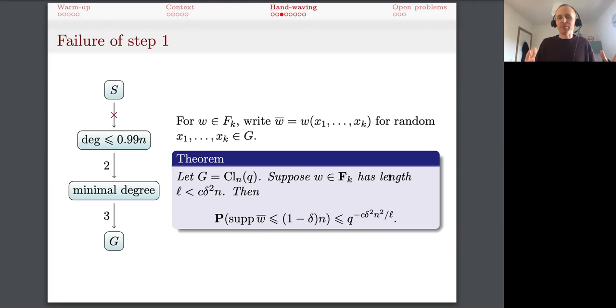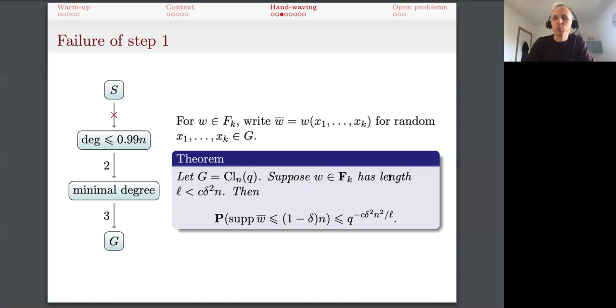So we were trying to find a word which has small support, and what actually we proved is that basically all words in the support of our random walk have nearly maximal support. So this is like the antithesis to step 1, is that the entire support of the random walk is maximal degree.